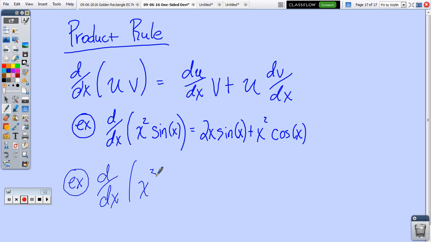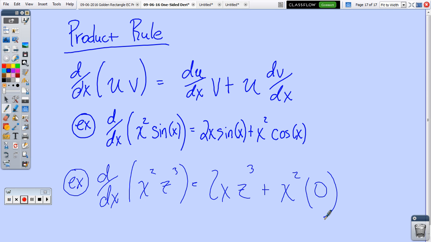If I take the derivative with respect to change in x, I'd take the derivative of the first guy, which is 2x, leave this guy alone, plus leave the first guy alone, and the derivative of this variable with respect to change in x, I believe, would be 0. But it would be 3z squared, wouldn't it, if I'm taking the derivative with respect to change in x?